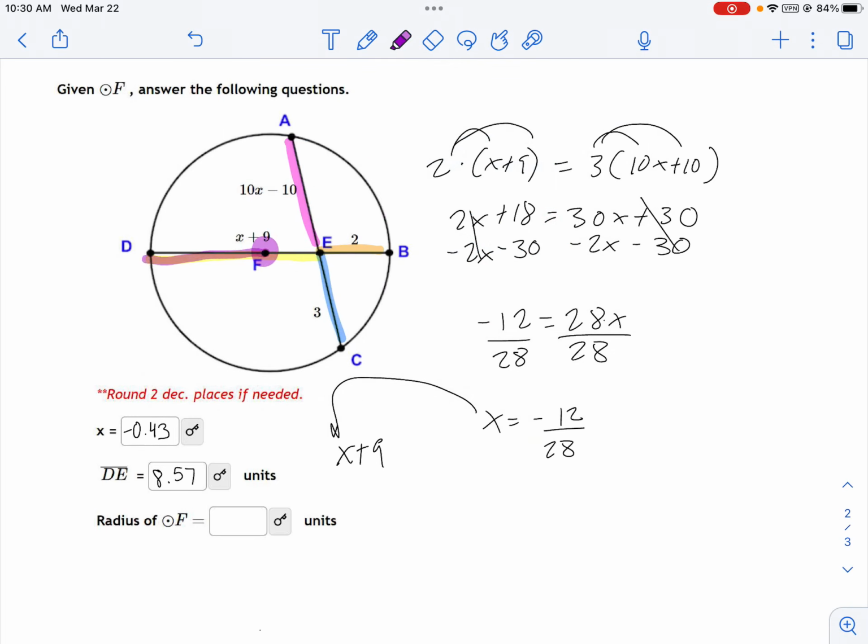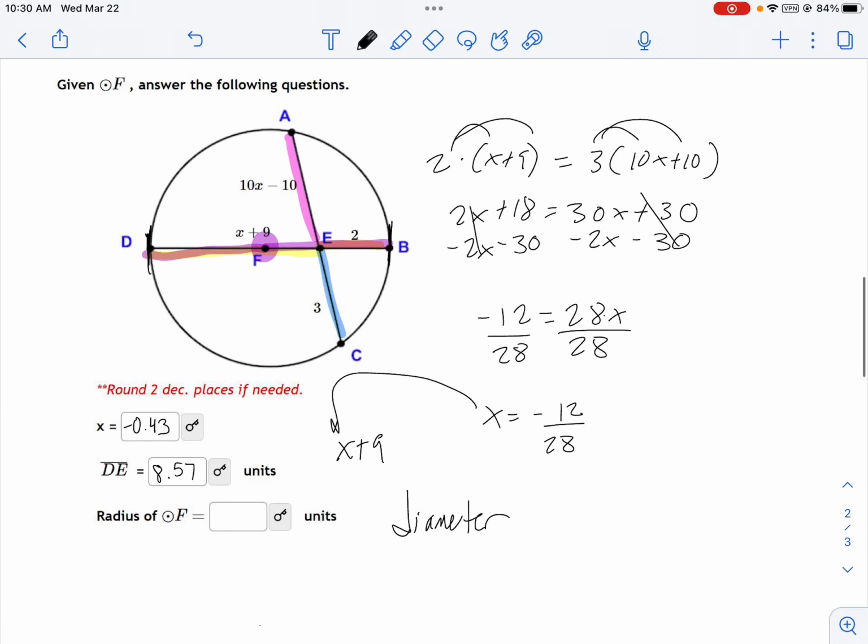Well, don't we also have a radius going that way? Yeah, we do. And from D to B, from this side to this side, that's what we like to call a diameter. That whole thing is the diameter, which means that's going to be x plus 9 plus 2, because that's the entirety of those lengths, which means the diameter is x plus 11.